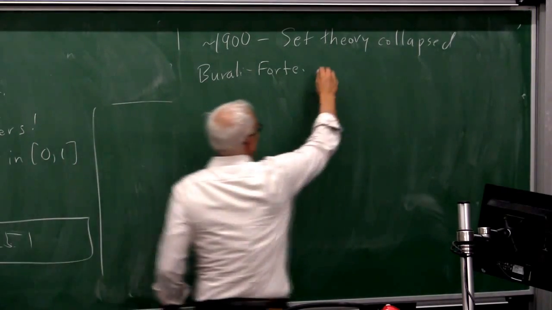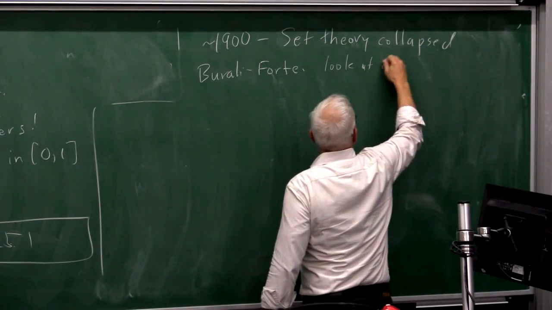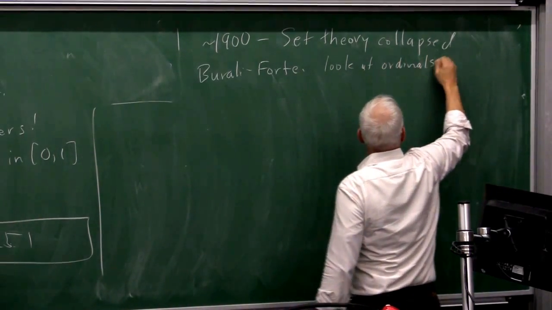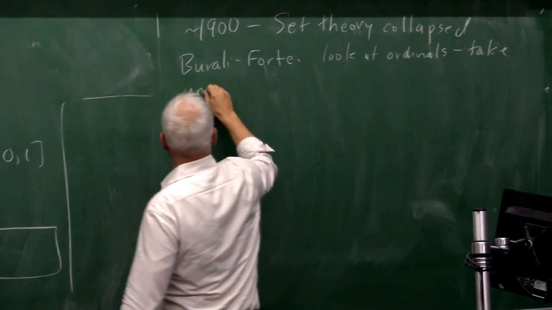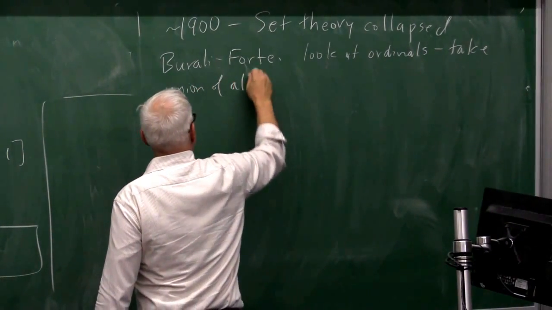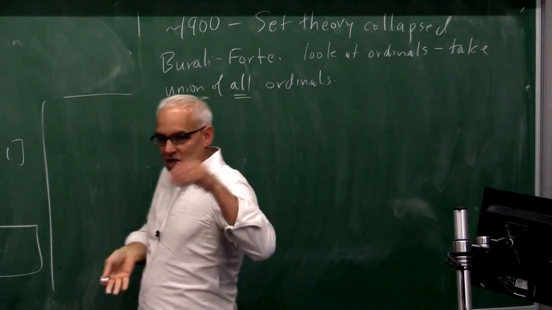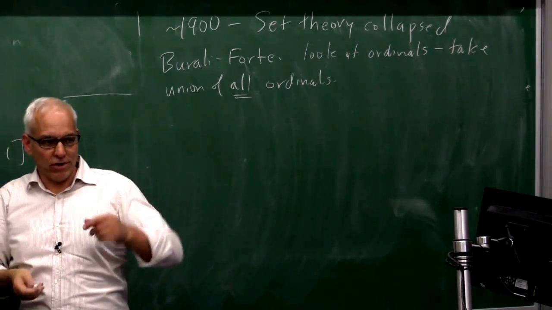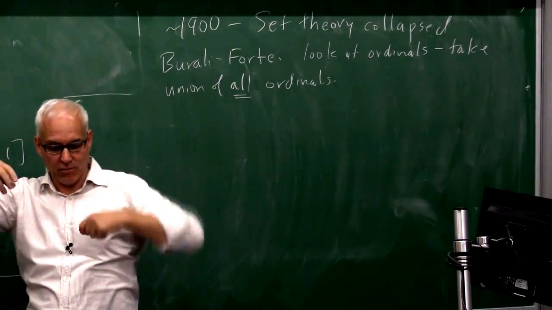So if you look at the ordinals, and you take the union of all the ordinals, that's how we always create them. There are essentially two ways of creating new ordinals. One is by adding the last one that you had onto the set of the previous ones.